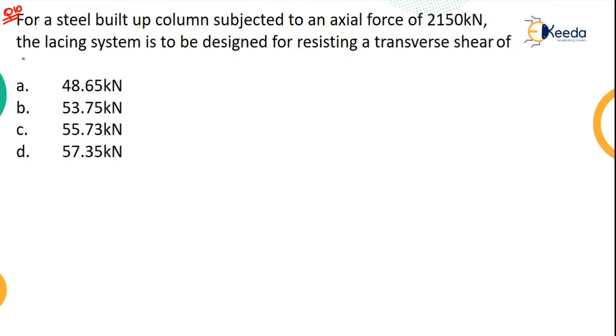For a steel built up column subjected to an axial force. So the force given to you in the question is how much? 2150 kilo Newton. Okay. So the lace system is to be designed for resisting a transverse shear of.